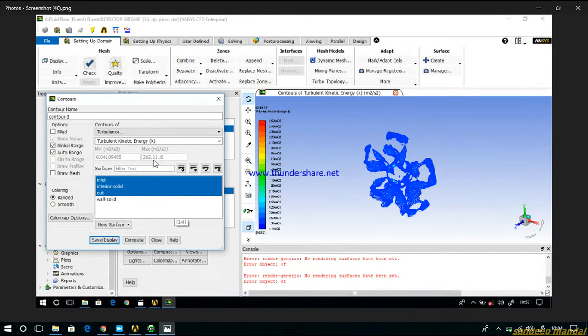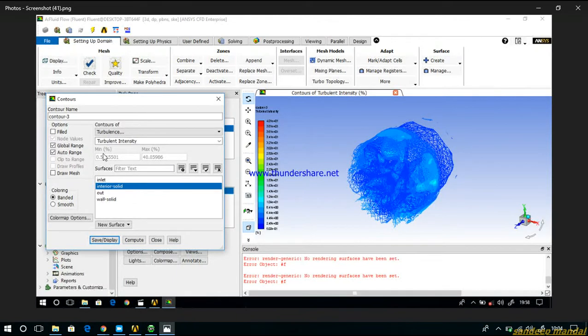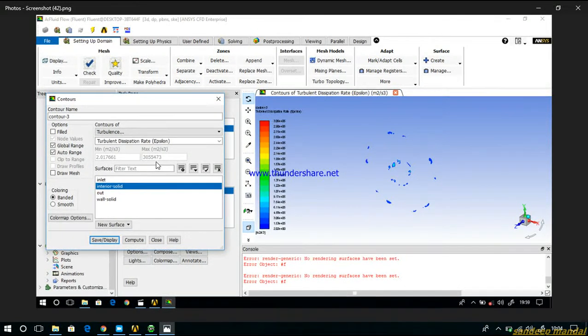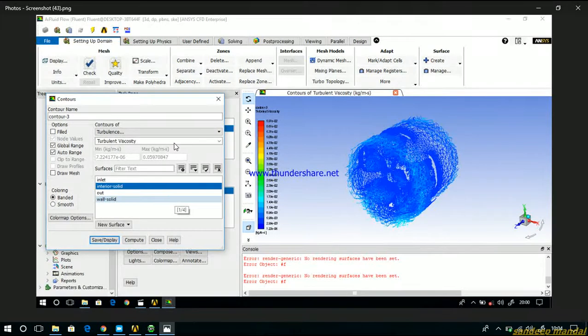The lower the value of turbulence kinetic energy, the lower the noise level of the fan. Turbulence intensity is showing 40%. Turbulent dissipation rate: here it is considering the epsilon value, so that the analysis will be diverging from the turbulent kinetic energy.